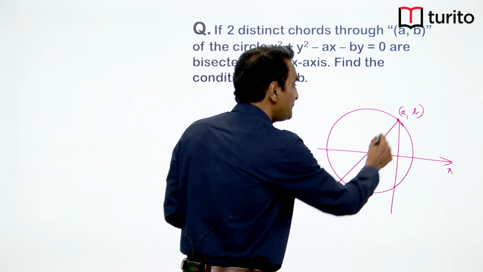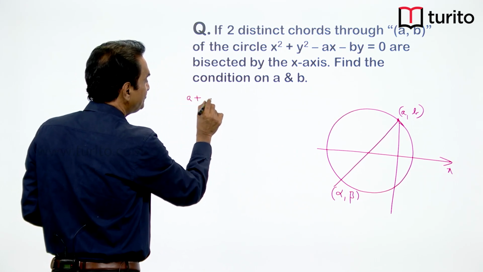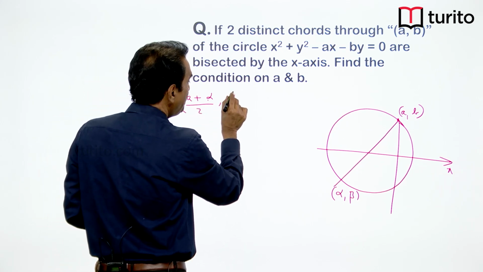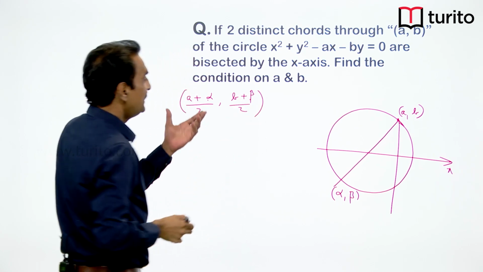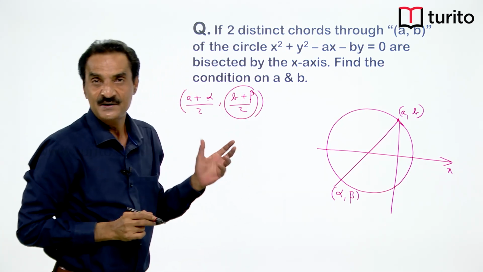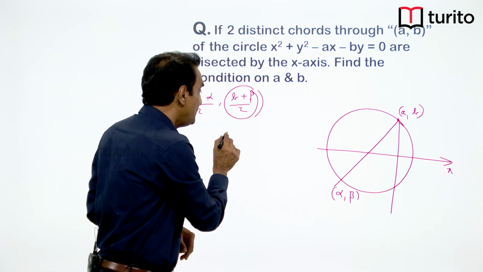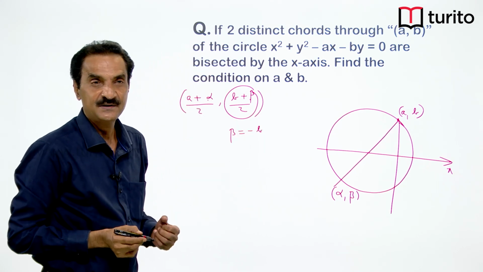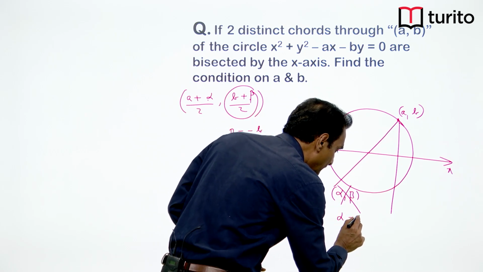What is the midpoint of these two points? It will be (a plus alpha by 2, b plus beta by 2). It should lie on the x axis. So, the y coordinate of the midpoint is 0. If the y coordinate is 0, then beta will be equal to minus b, right. So, now I will write this as alpha comma minus b.